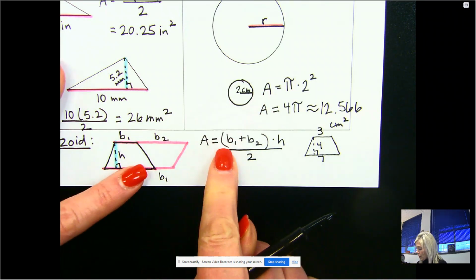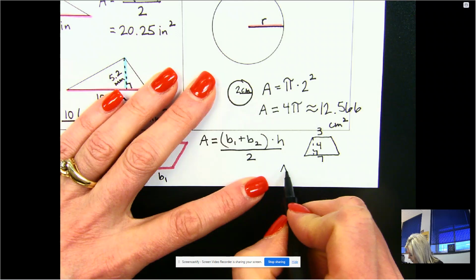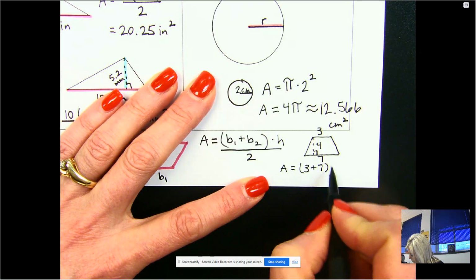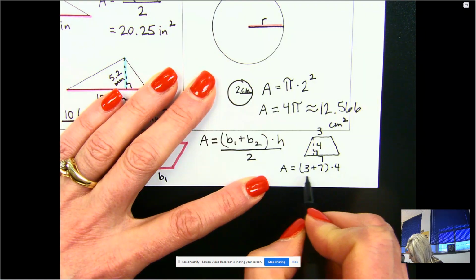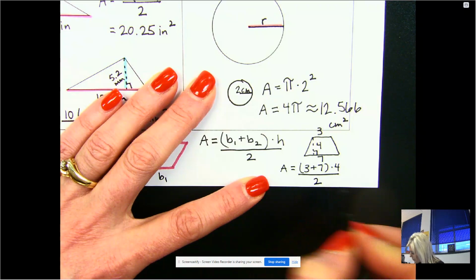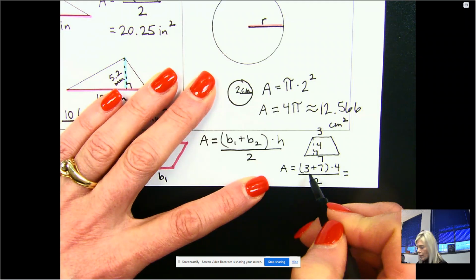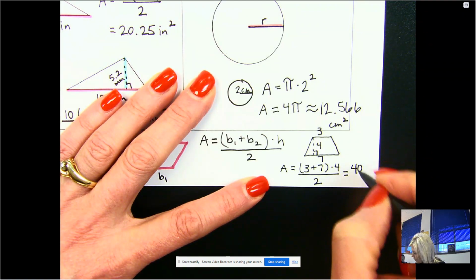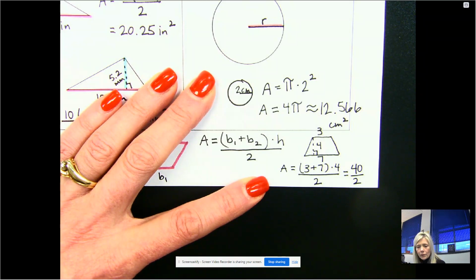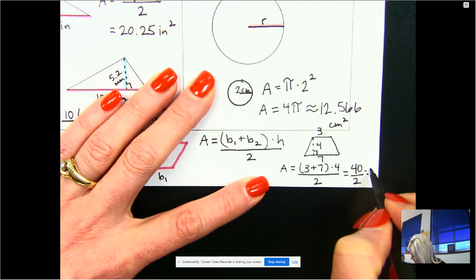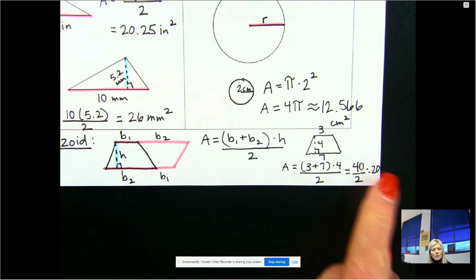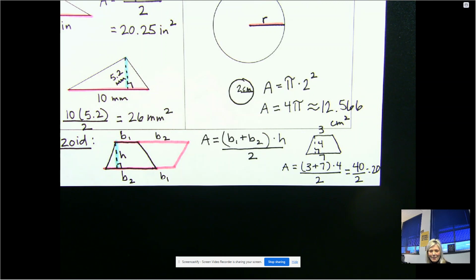So to find its area using this formula, 3 plus 7 times 4, divide the answer by 2. 3 plus 7, I know that's 10, times 4 is 40. 40 divided by 2 is 20. So the area of this trapezoid is 20 square units. So hopefully you had better luck finding room for that than I did.